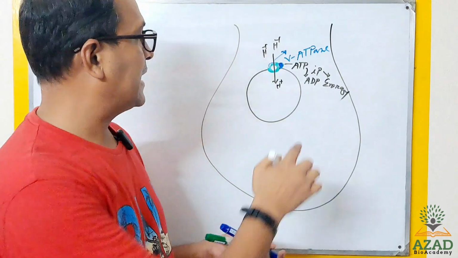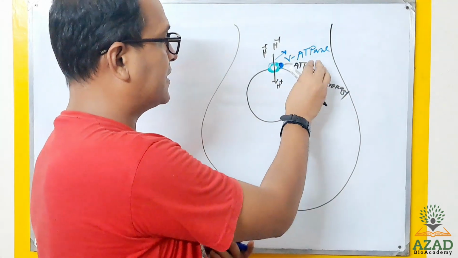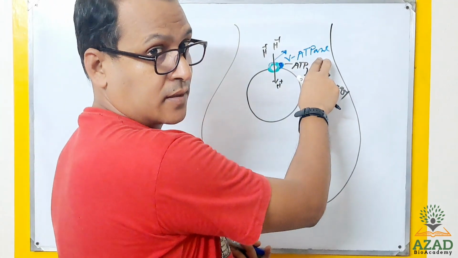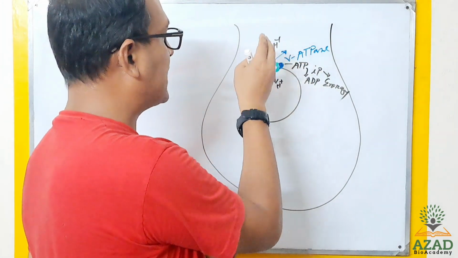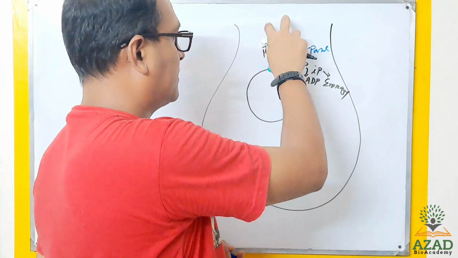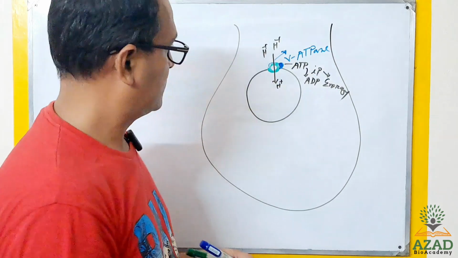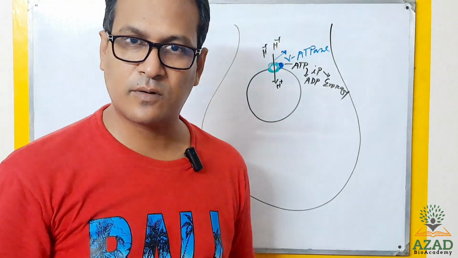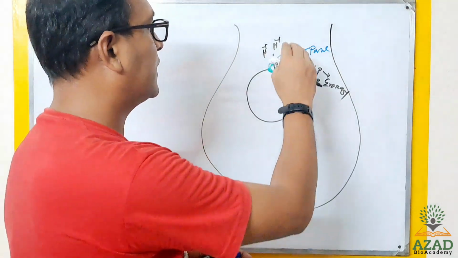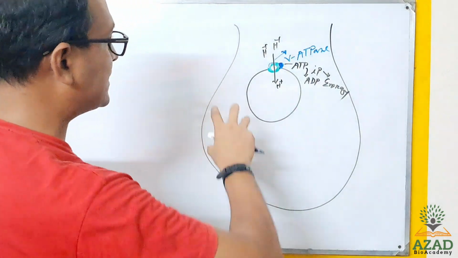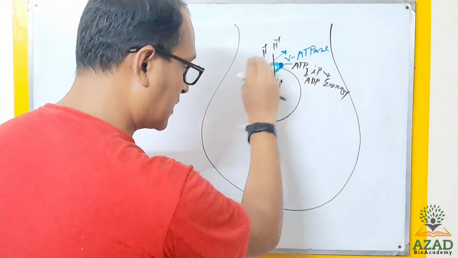That energy works to open the pump, and the pump brings protons from outside to inside. This is the proton pump. The name of the proton pump is VATPase, vacuolar ATPase, and it is embedded in the membrane of the vesicle.